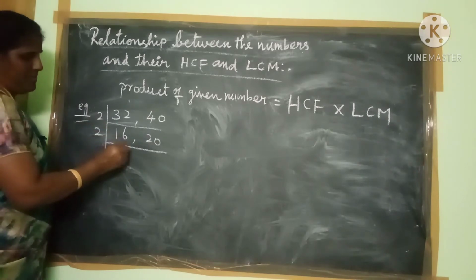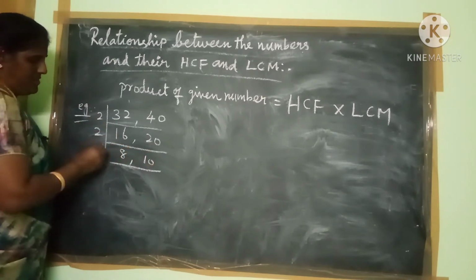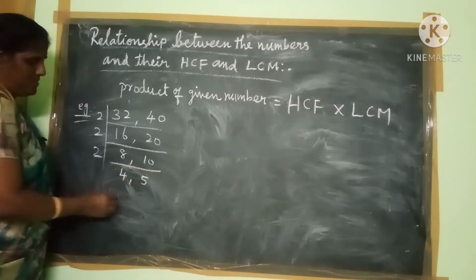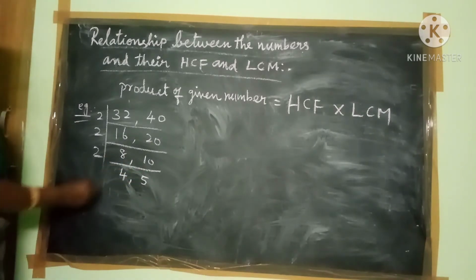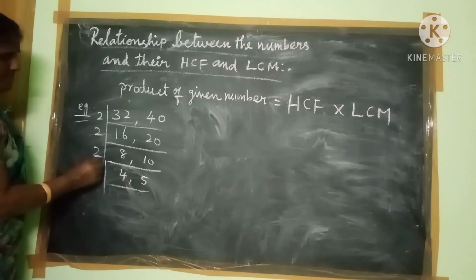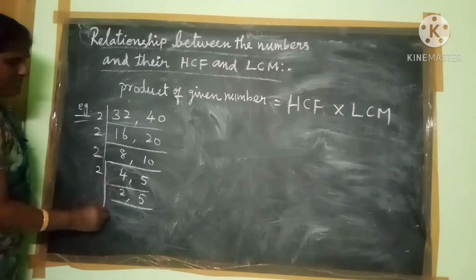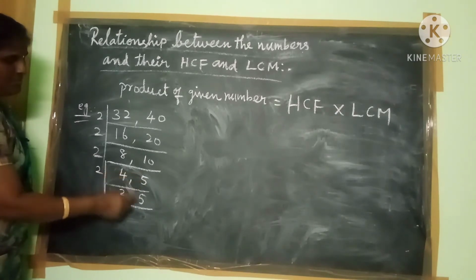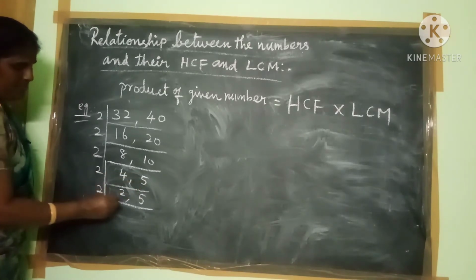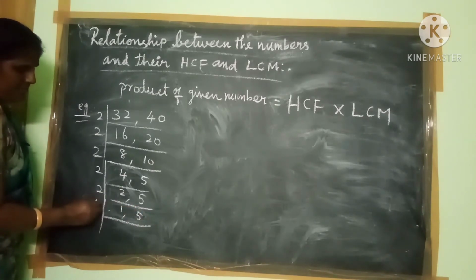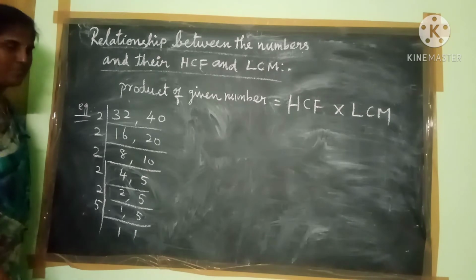Again 2 table: 8 time, 10 time. Again 2 table: 4 time and 5 time. So at last, 2 table: 2 time and 5 time. Because 5 will not come in the 2 table, just keep it down. And 2 table 1 time and 5 time is the 5 table. So in the 5 table at last 1 time.